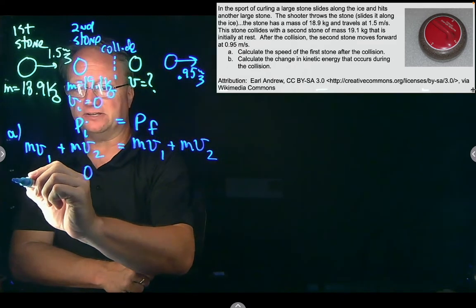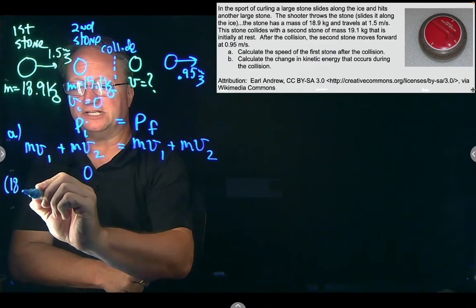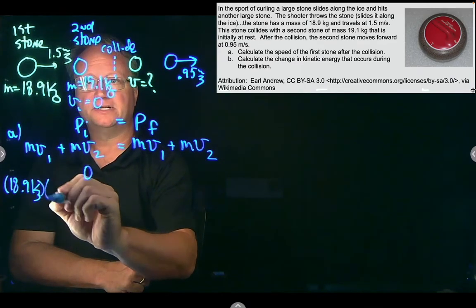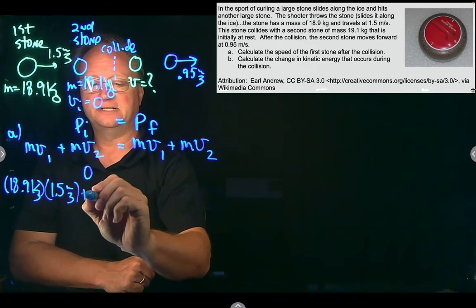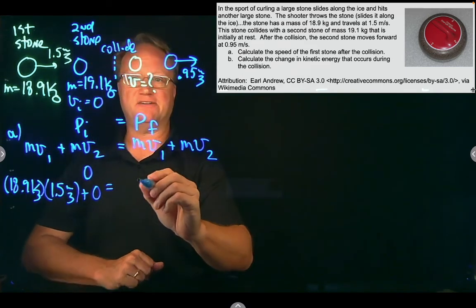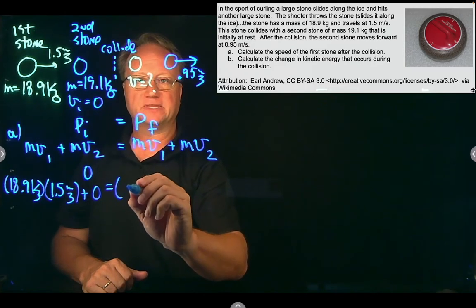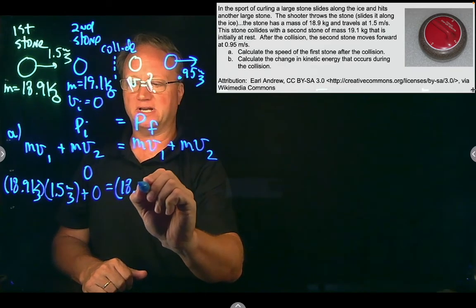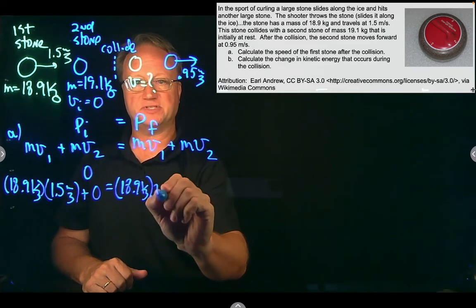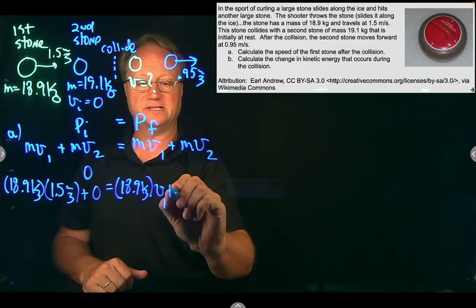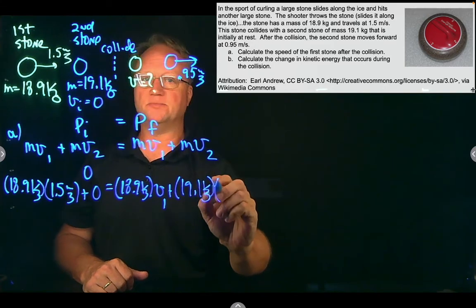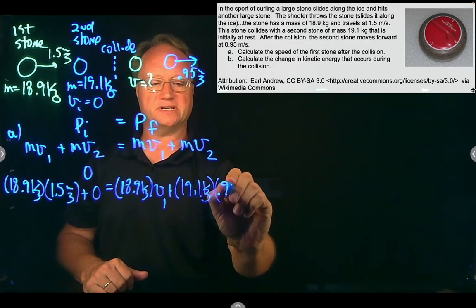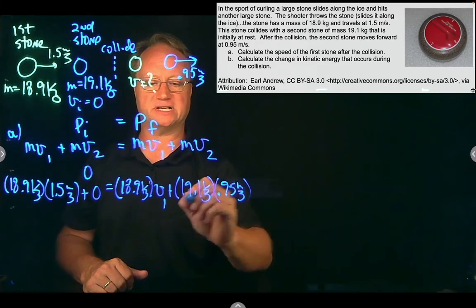So filling in values, 18.9 kilograms multiplied by the 1.5 meters per second plus 0. Afterwards, you've got 18.9 kilograms times the unknown velocity plus 19.1 kilograms multiplied by the 0.95 meters per second.